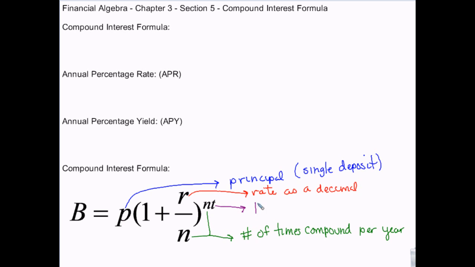T is the number of years, or time in years. If it's less than a year, you've converted it with fractions or decimals, which we will go over. And then B is our balance at the end. Not just the interest, but the actual amount of money that will be in the account, the total.